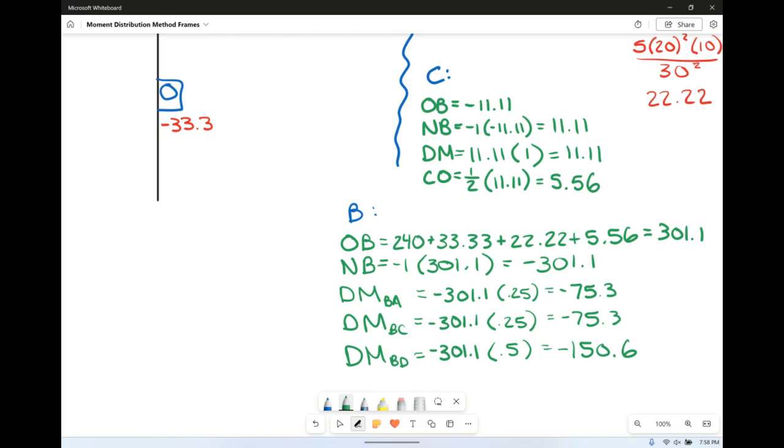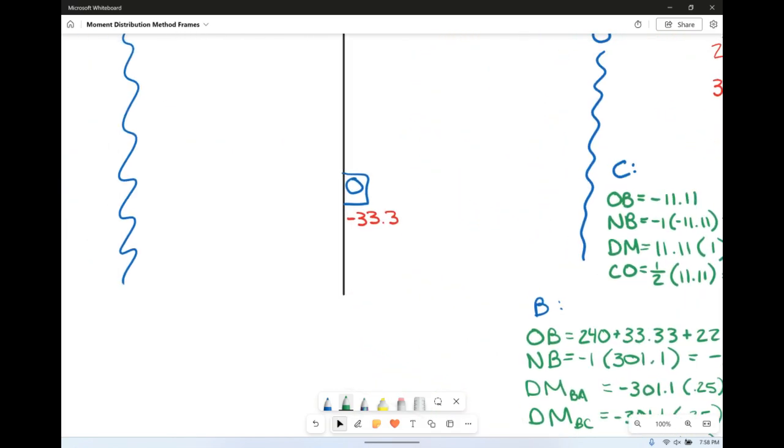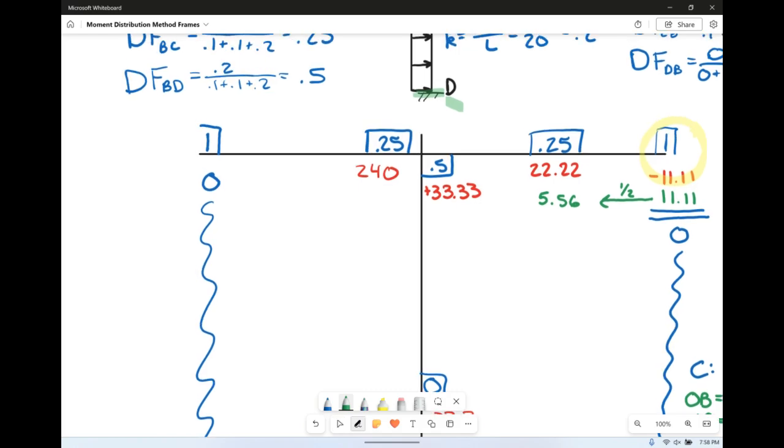But anyway, he will be okay. So we need to go write those back down. So we've got here negative 75.3. In the middle, negative 150.6. And on this side, negative 75.3.